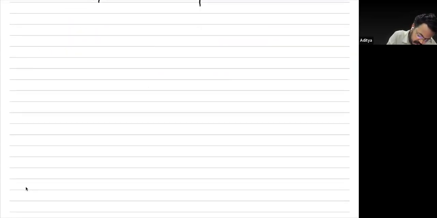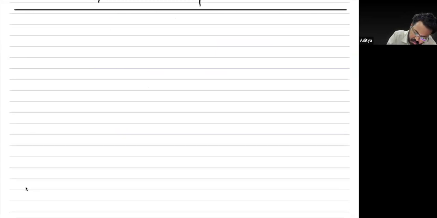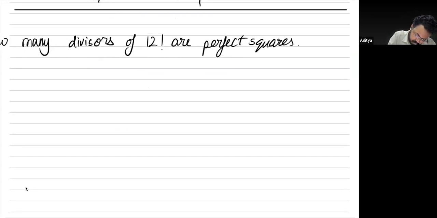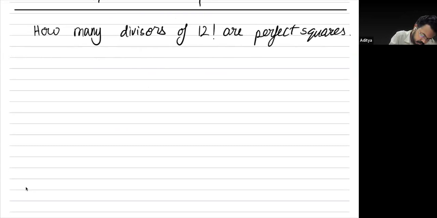Now coming to actual questions from AMC. Try to figure this out. How many divisors of 12 factorial are perfect squares?